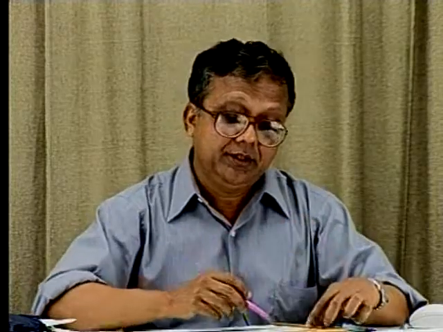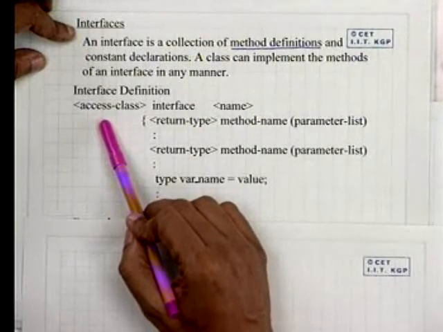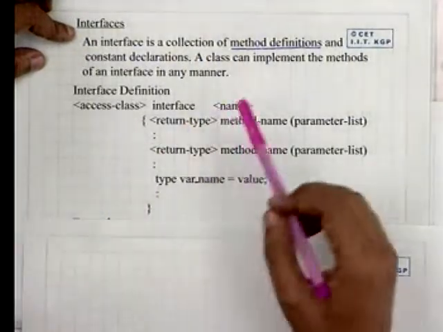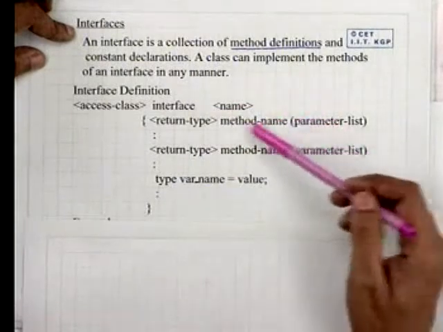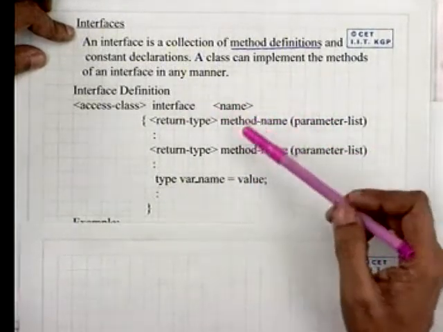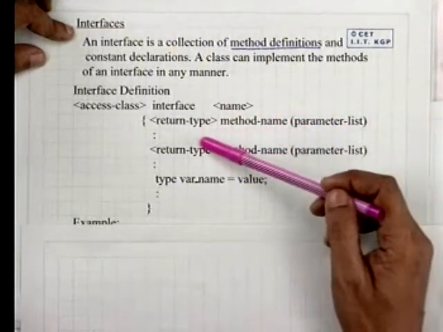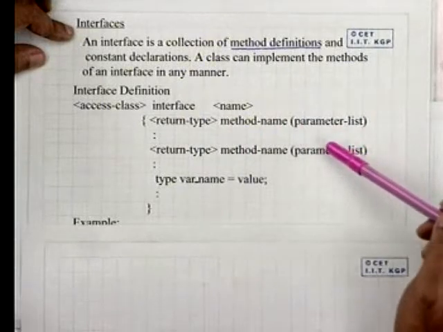If you look at a typical example of an interface definition, we define its access class, whether it is public or private, then the keyword interface and the name of the interface, together with the method names, the return types of the methods, and the parameter lists.